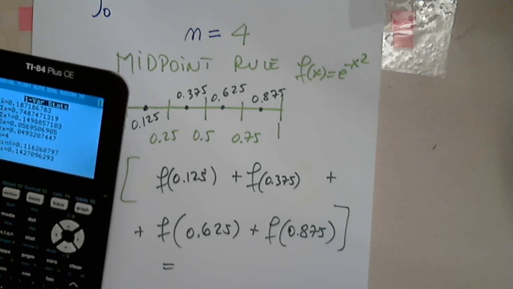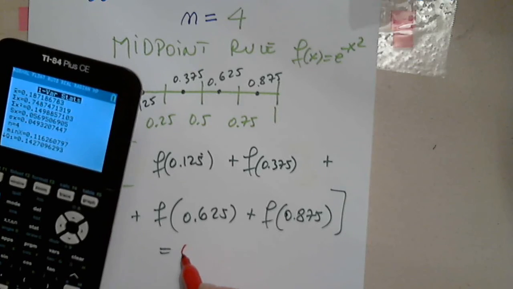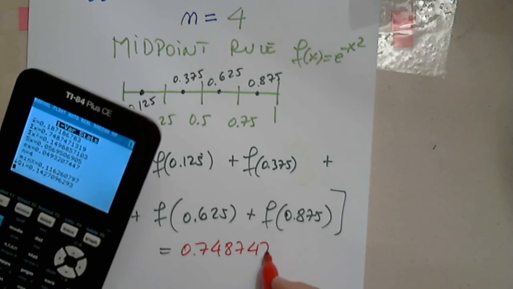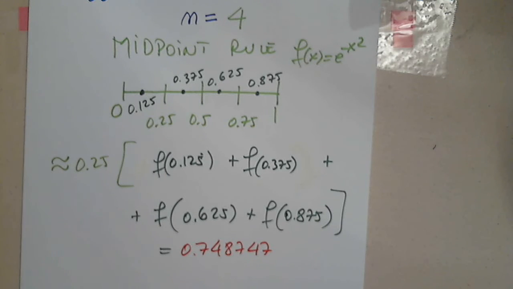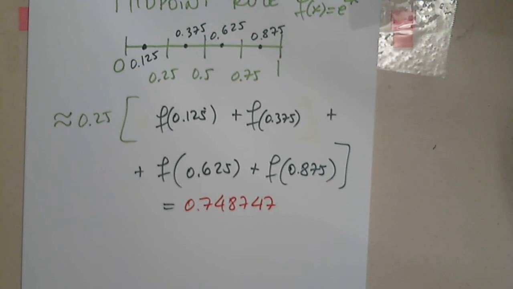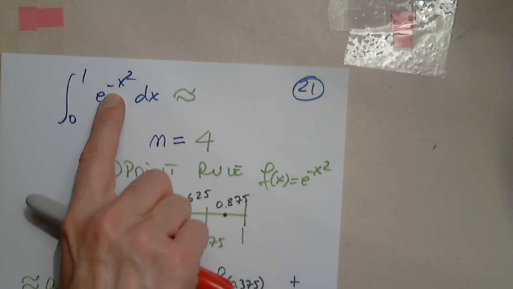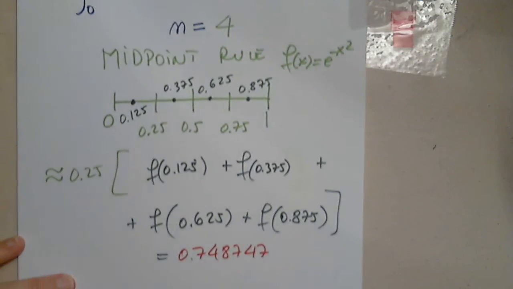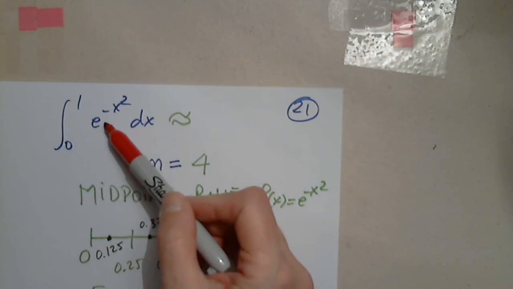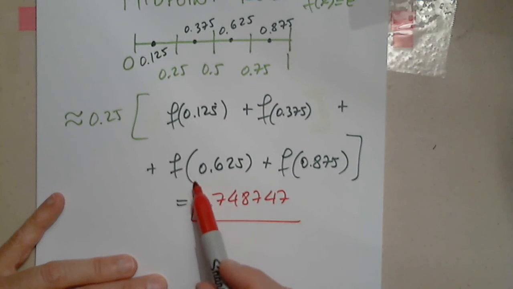And that is the area under the graph using the midpoint rule: 0.748747. So although I cannot determine the function whose derivative is this, I can still get an approximation of the area under the graph of this function between 0 and 1 using the midpoint rule.